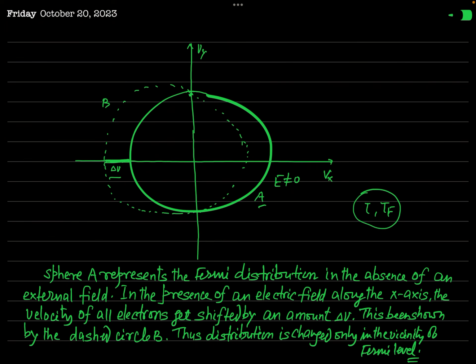But it does not mean that only electrons with energy almost equal to the Fermi energy take part in conduction. The fact is that all electrons take part in conduction. But whenever you have to calculate the electrical conductivity, you must take the relaxation time for only those electrons which are near the Fermi level.